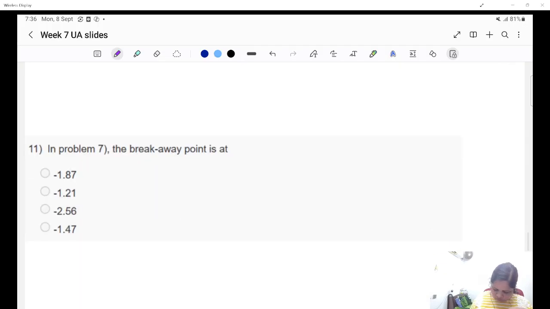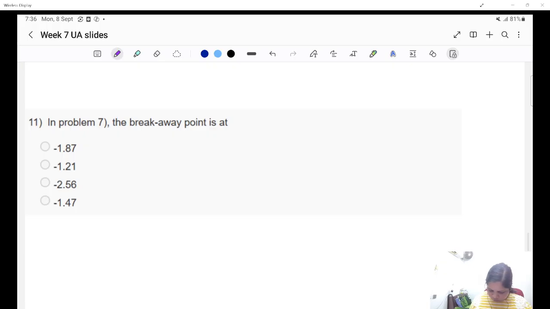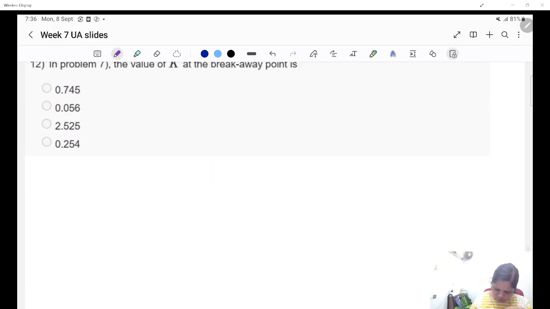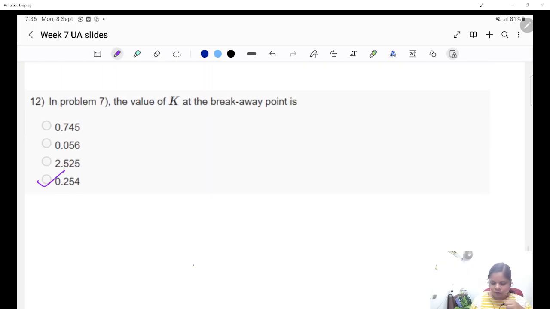It was 0.254. So the breakaway point was at minus 1.87, and 0.254 was the value of K at that point.